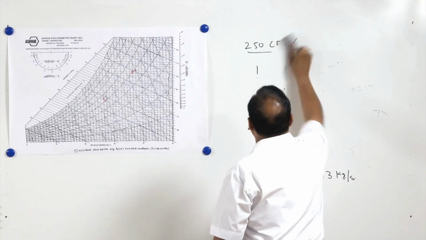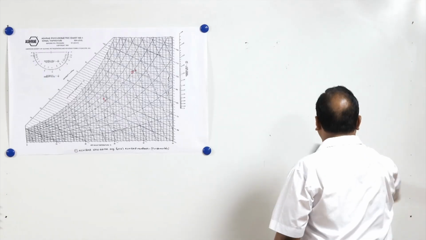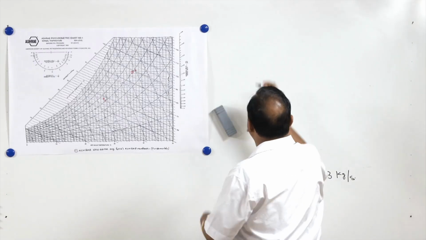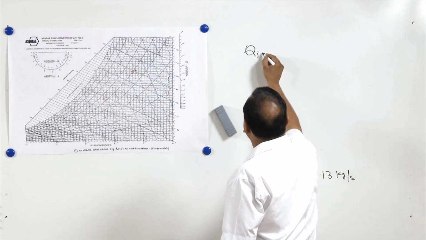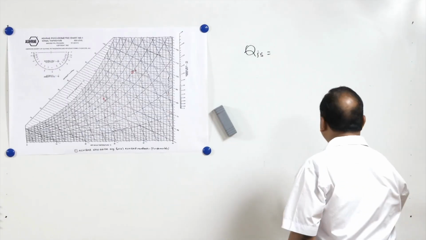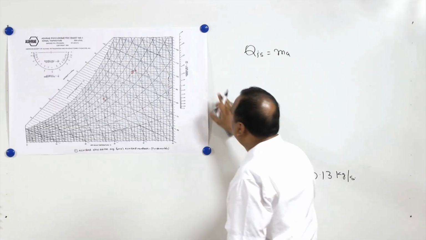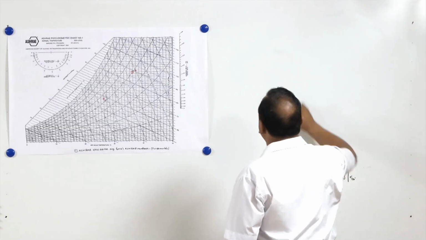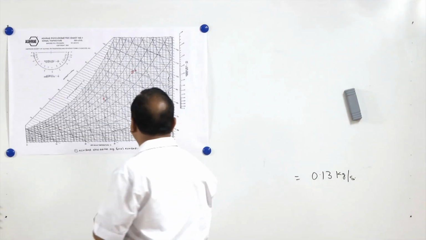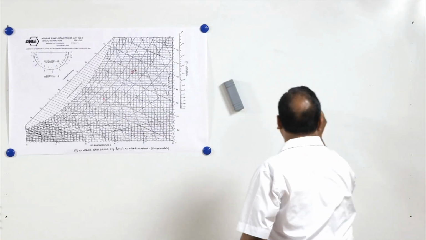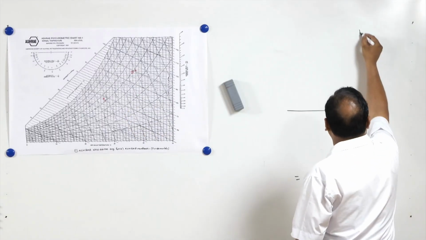So sensible heat, Q infiltration sensible, is equal to mass flow rate of air. Sorry, we will get it directly from here. We need not do this, because here enthalpy is already given.